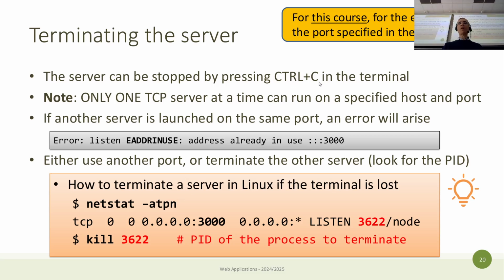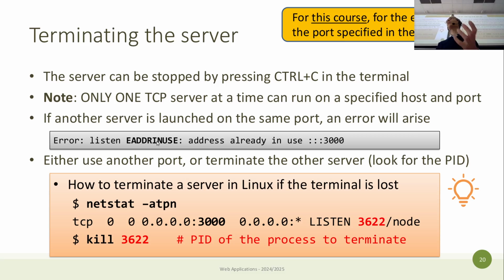How to stop the server? I told you with Ctrl+C. This should be known to you. It's basic knowledge from networking courses. Only one TCP server at a time can run on a specified host and port. In case you want to run two servers, an error will arise.